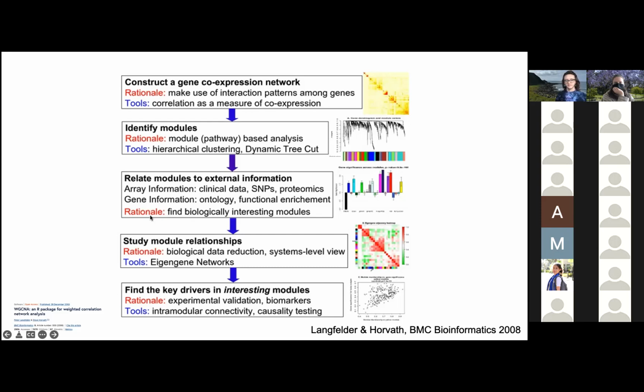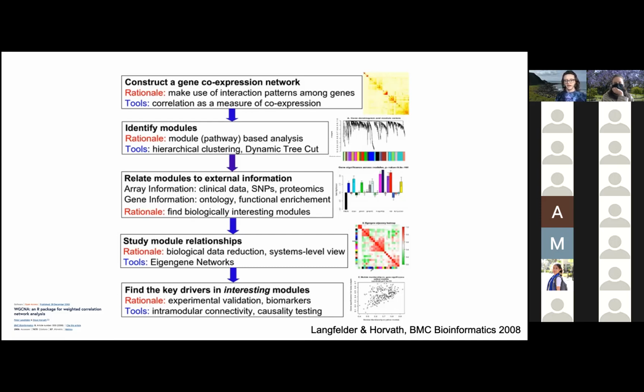You want to find the biologically interesting modules. For example, if you're thinking about control versus disease, you might want to figure out which modules are highly expressed in disease versus control. The other thing you want to do is study the relationship between each module, like which ones are correlated with each other, and which ones are anti-correlated.